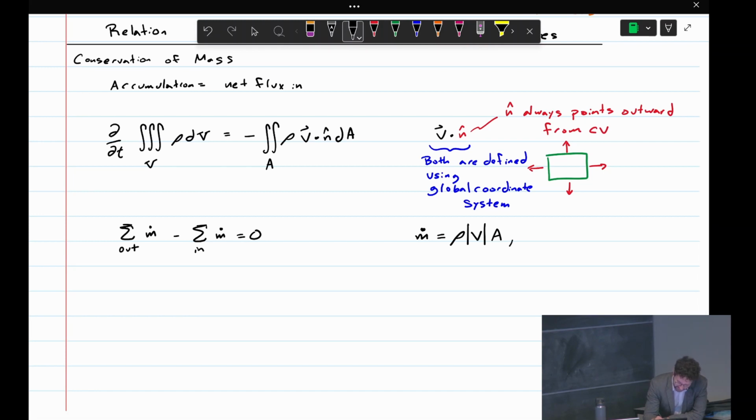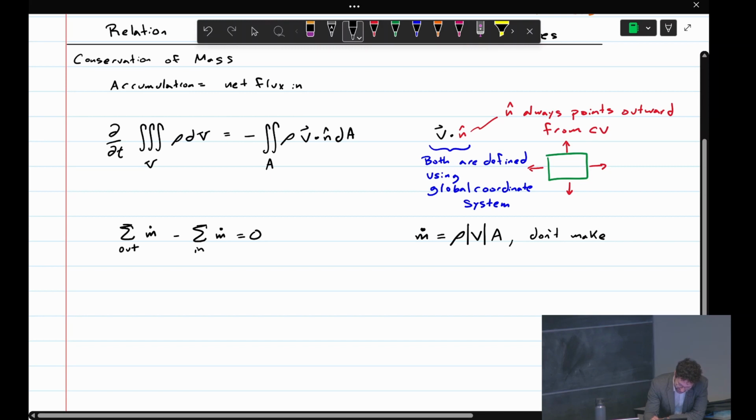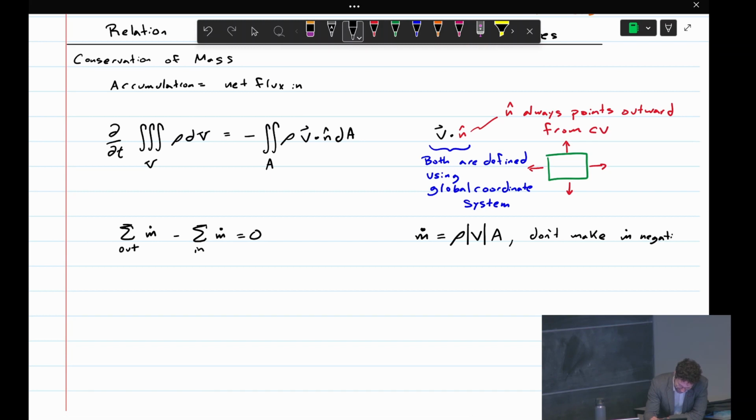M dot is rho VA, so don't make m dot negative. Don't worry about the signs. Just make sure that everything in the inlet is in front of this negative sign. If that's confusing, please let me know. Just don't worry too much about the signs of these m dots.